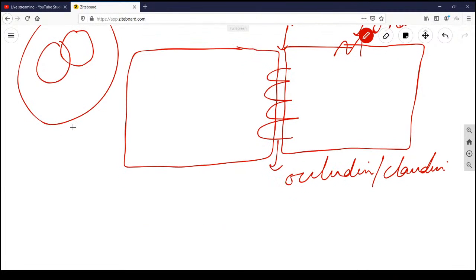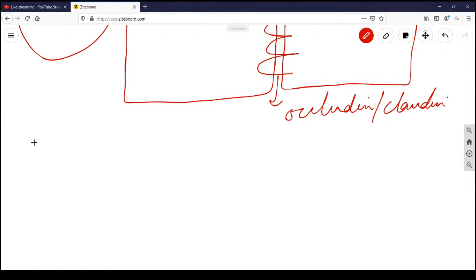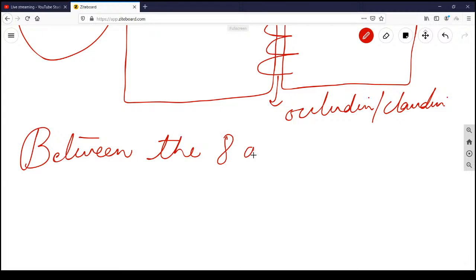So I'll write it down. Between the 8 and 16 cell stages, these things are extensively asked in your NEET examination.